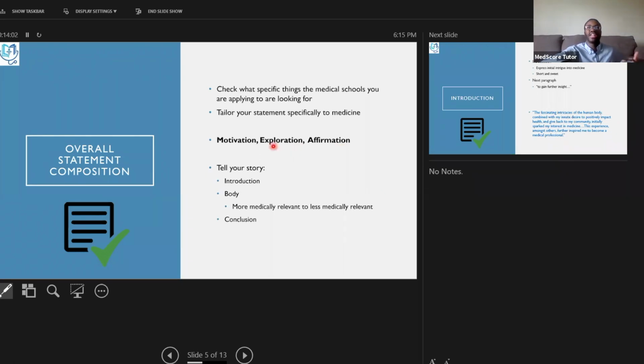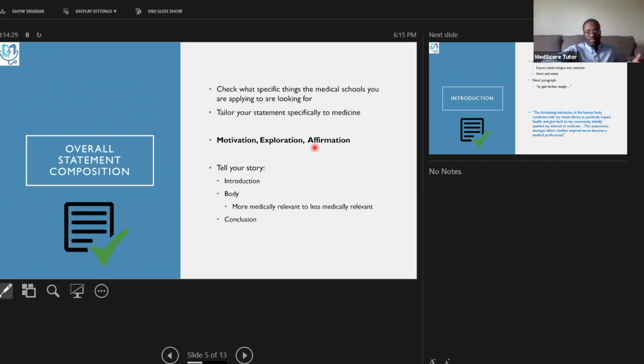Exploration: what did you then do to actually figure out what medicine was about? What did you do to gain insight or experiences that showed you what medicine was about? And then affirmation, just that final point at the end: look, all these things that I've learned, all these things that I've gone to explore have made me confident and sure that I want to study medicine.